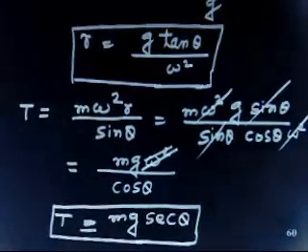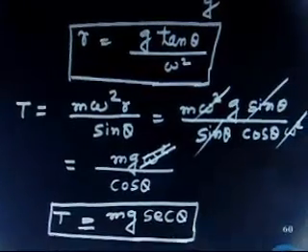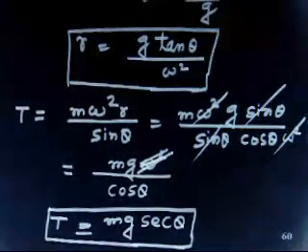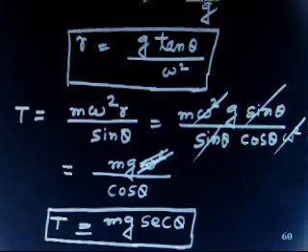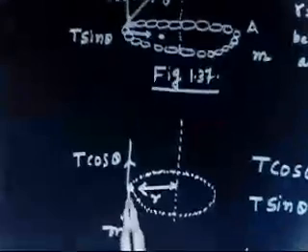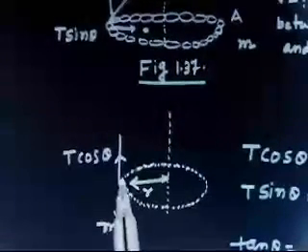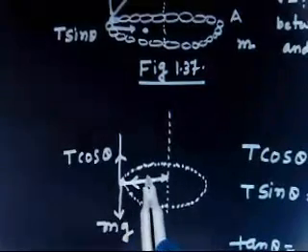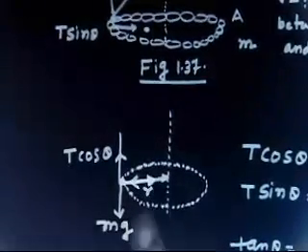Are you getting? So this question gives me one idea: if I want to write the equation of motion of a rigid body, and this chain is basically a rigid body, I can apply all the forces at the center of mass. So you see what we have done is, for the forces acting, one force is T cos theta, another force is mg, another force is T sin theta acting in this direction.